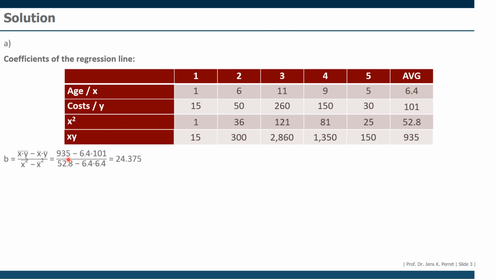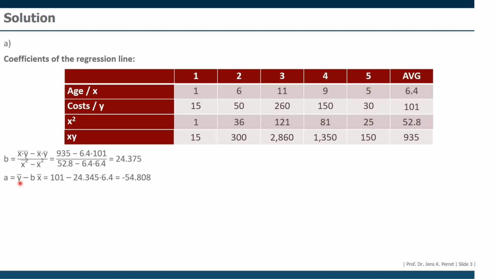And all of this is then divided by the average of x squared, so 52.8, minus the average of x to the power of 2. So here it is 6.4 squared. That's this part here. If we calculate this, we get as a slope 24.375.